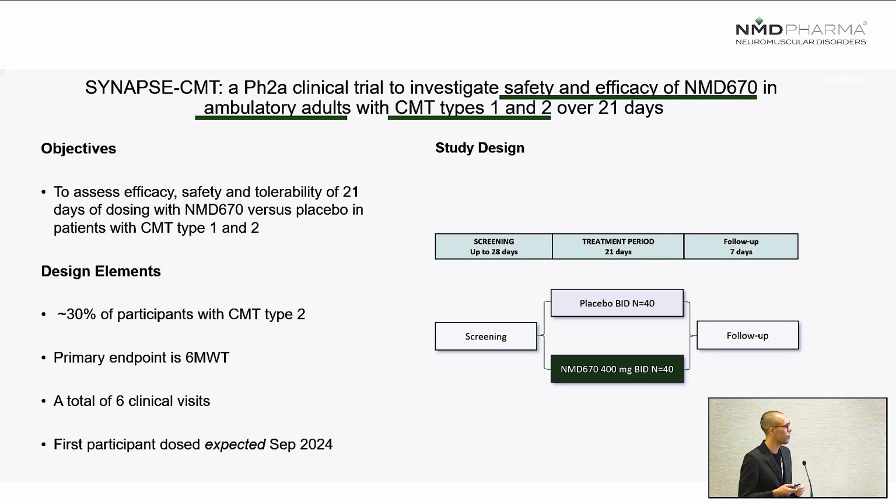The primary endpoint of the study will be the 6-minute walk test and the total distance that can be walked over 6 minutes. We include a range of other efficacy assessments, and many of these assessments are only possible to include because of the natural history studies that were conducted in this space, in particular the ACT-CMT studies.